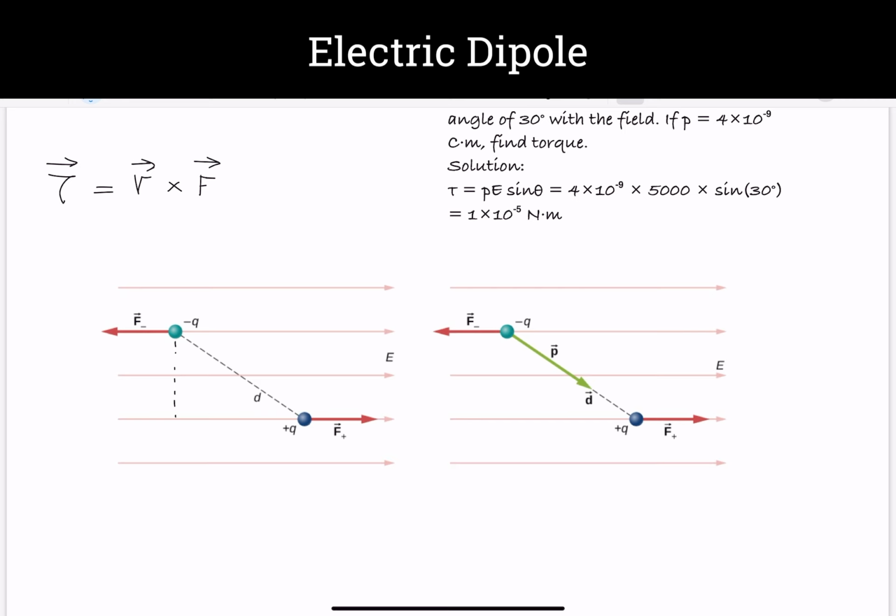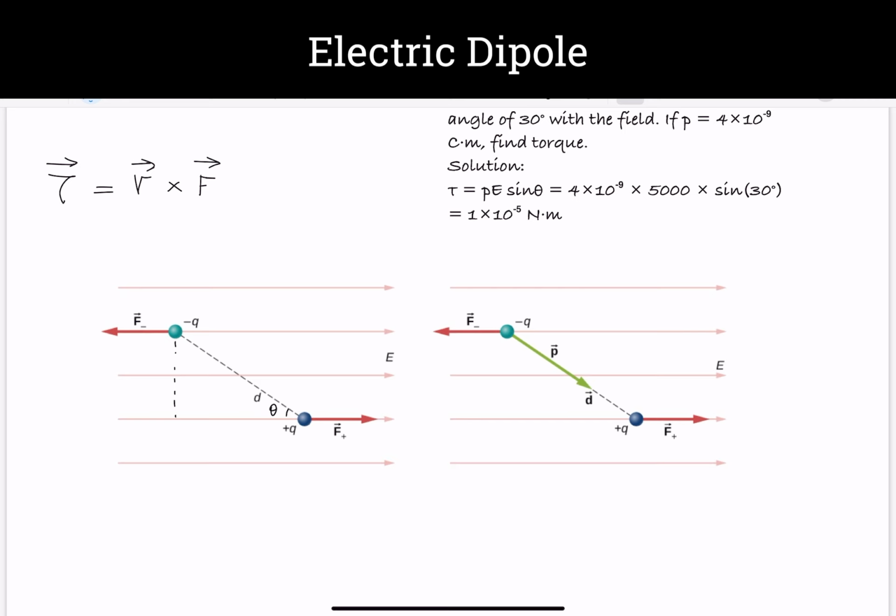You can see that this is the line of action of that force. This is the line of action of that. This is the perpendicular distance between them. So you'll see a little triangle coming up there, and this angle is going to be relevant.